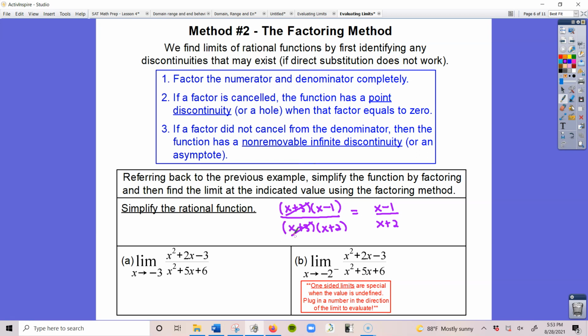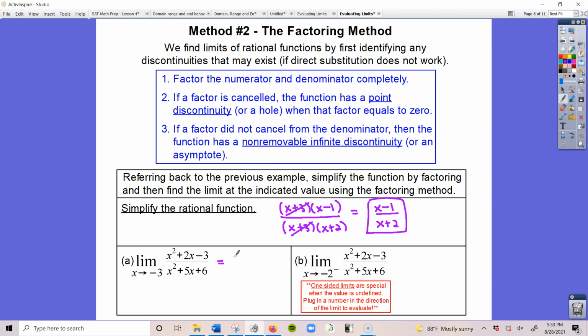Notice how my factor canceled, the factor x plus 3. That's where you have the hole, which is where we ended up with indeterminate when we plugged in x is equal to negative 3. But now that we got rid of that hole, we can find this limit. The limit as x is approaching negative 3, now instead of plugging it into the original function, we're going to plug it in to the simplified rational function.